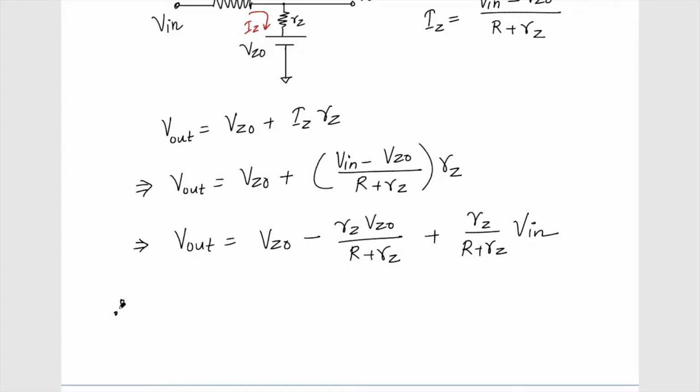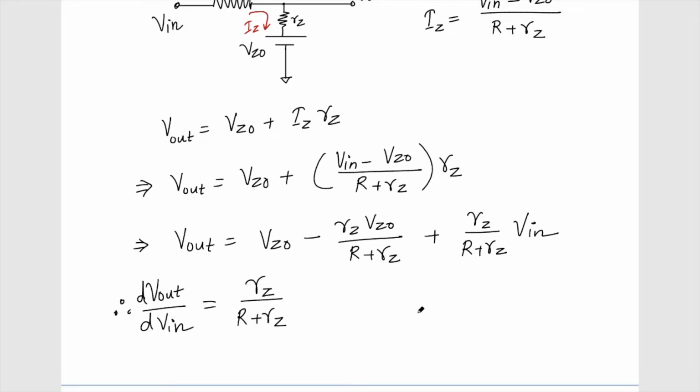So now I want to differentiate my V out with respect to V in. Basically I want to find out the change in the V out with respect to the change in V in. Basically I'm trying to find out the slope. So if you see here, this term will become 0 because it's a constant. This also will become 0 because VZ0 is a constant, it's not varying with the V in. So finally what I'll have is Rz by R plus Rz.